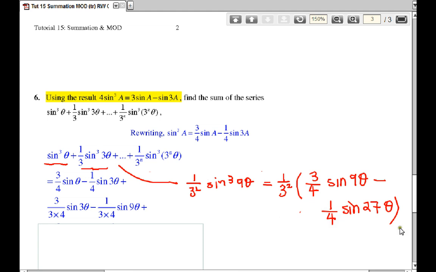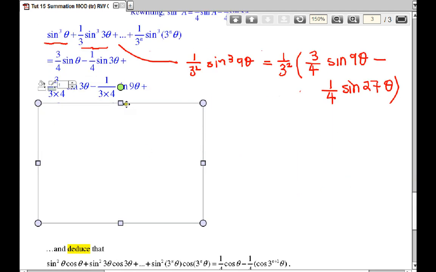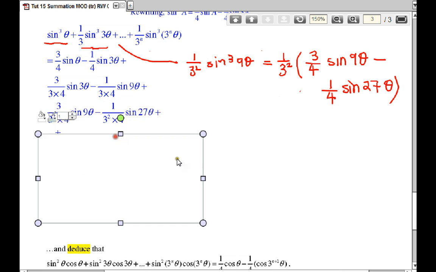Am I right? So therefore the next line should be this. Is everybody okay now? This third line. Okay? You should be able to write the third line on your own.